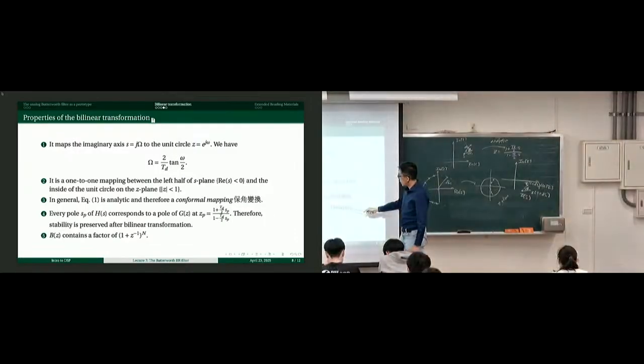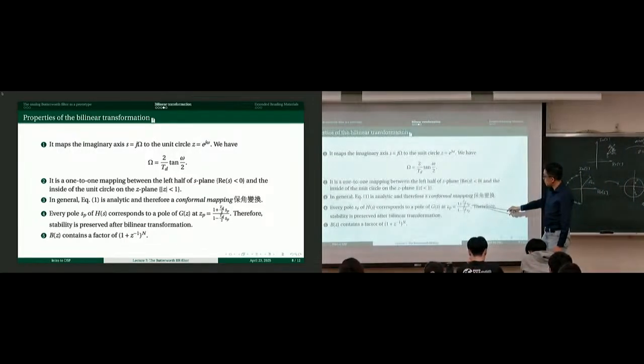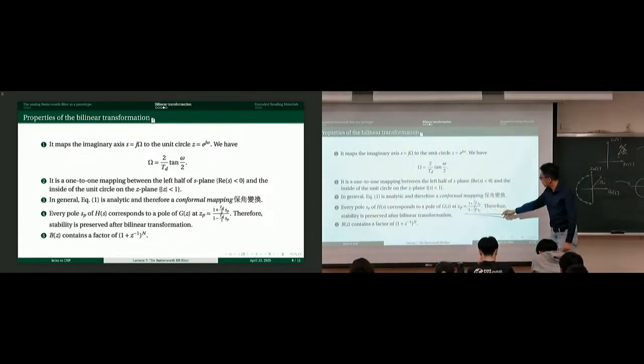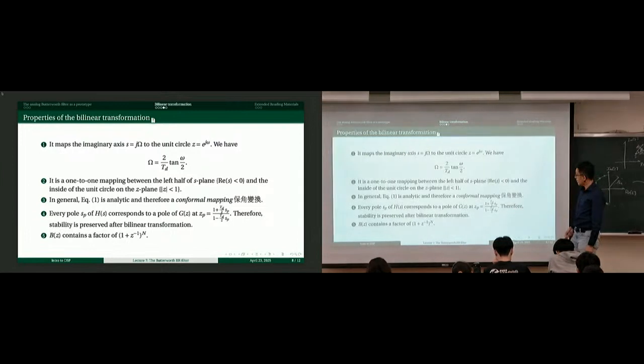Every time we have a singularity in the S plane, after transformation the singularity goes inside the unit circle, given that S is to the left-hand side of the imaginary axis. Therefore, stability is preserved after bilinear transformation. A very strong, important and useful property.